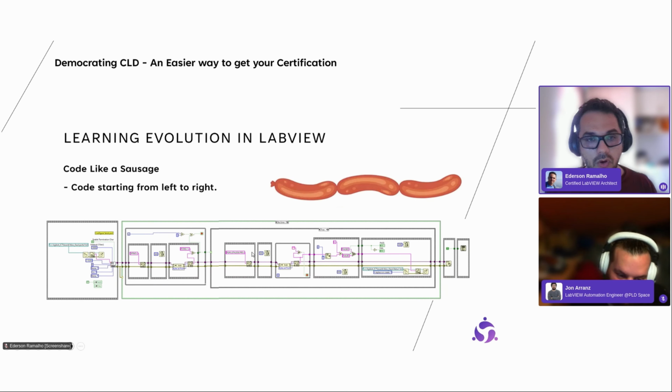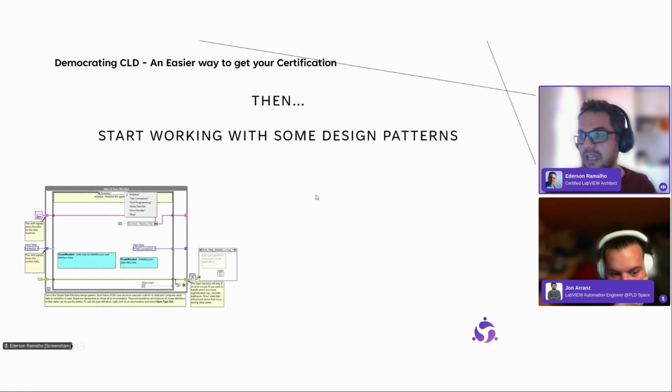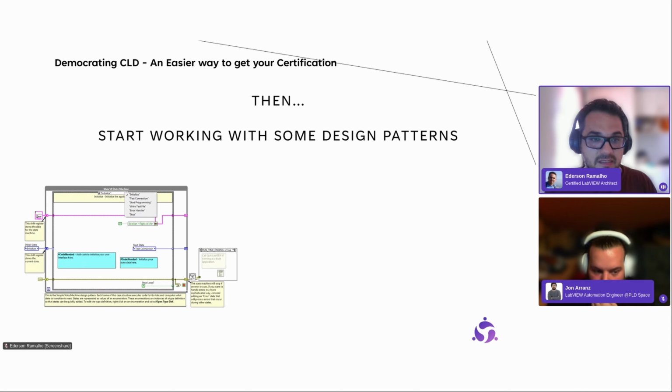When we get more knowledge about LabVIEW, we move to design patterns, and we are presented with state machines. This is an evolution over the other structures that I showed you, and we can put our tasks inside some states, and we get an improvement over that.